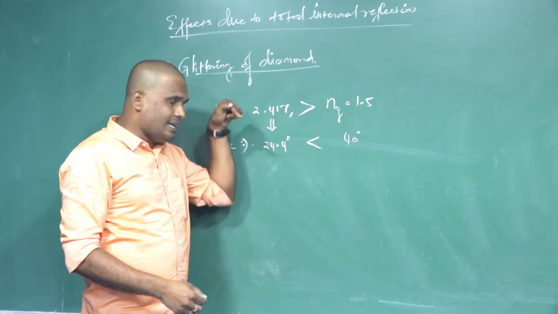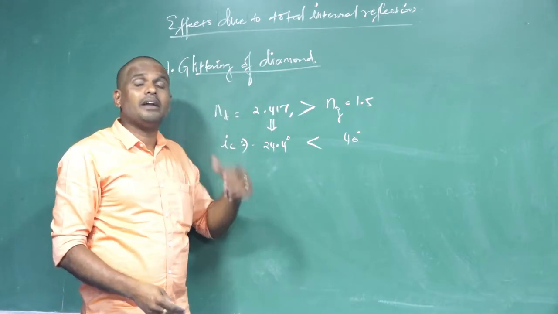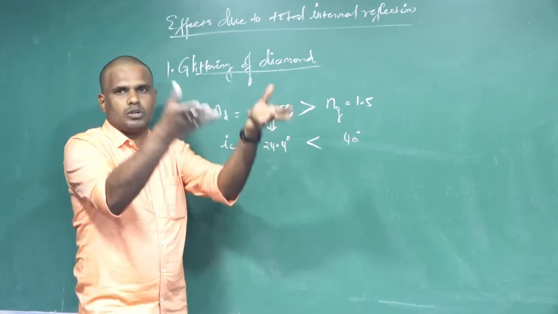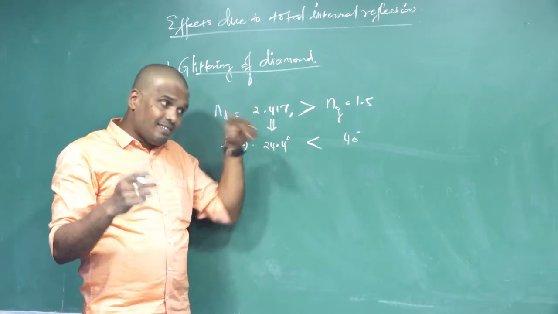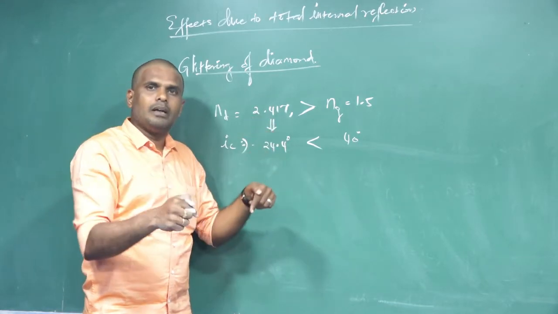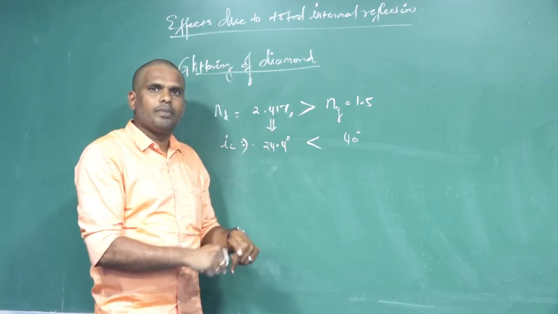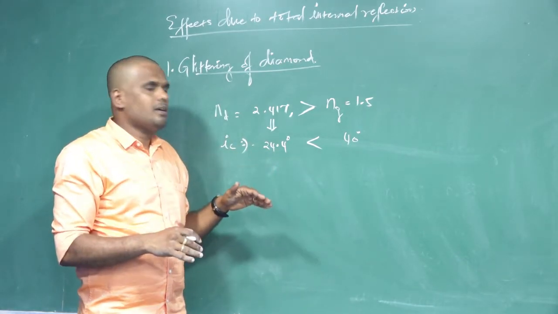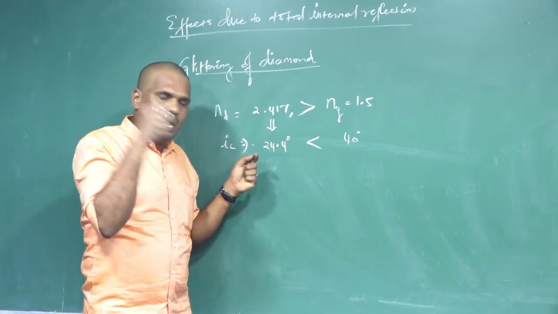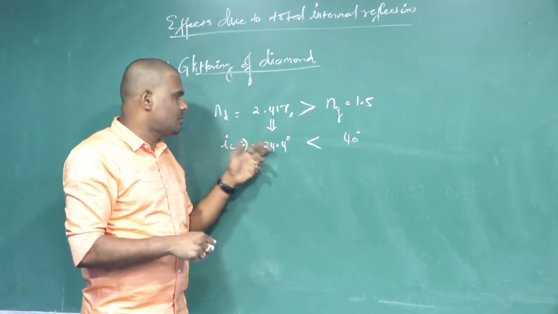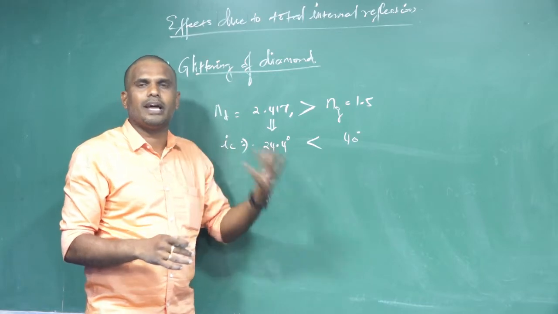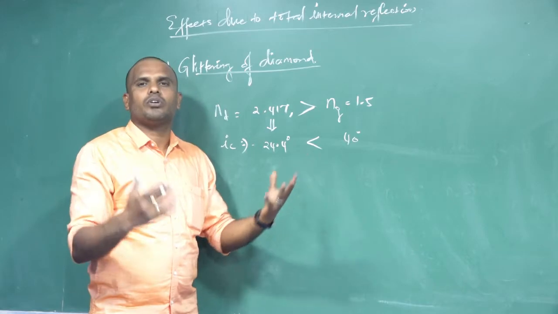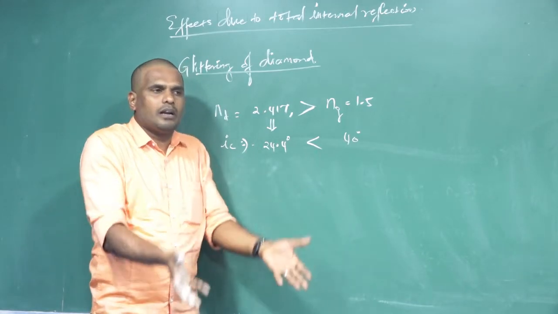So when light enters from one face of the diamond, it will undergo total internal reflection from many faces of the diamond and come out. Whatever the direction from which light is incident inside the diamond, if the diamond cutter cuts the faces in such a way that the angle of incidence lies between 24.4 and 90 degrees, then the light will all undergo total internal reflection inside the diamond and emerge out.